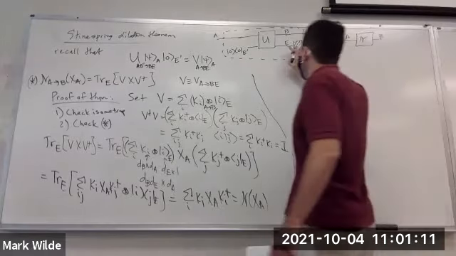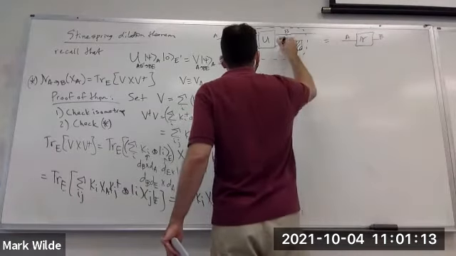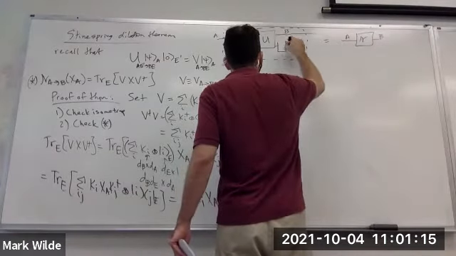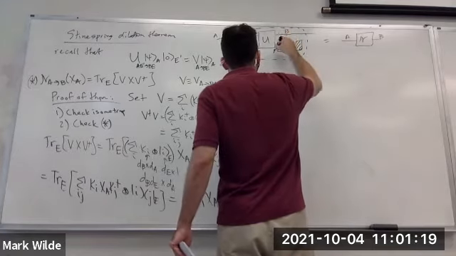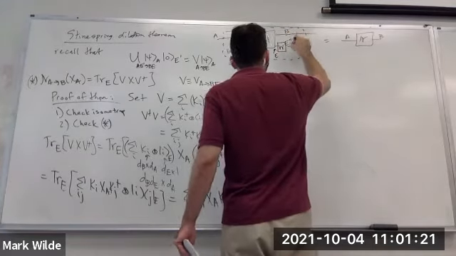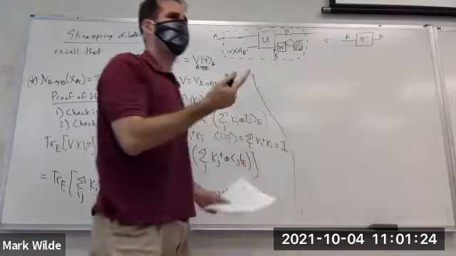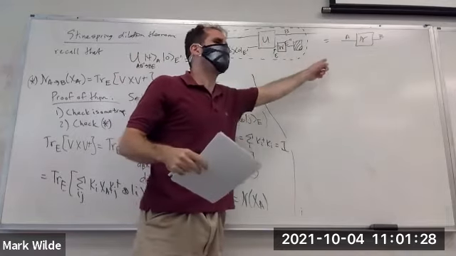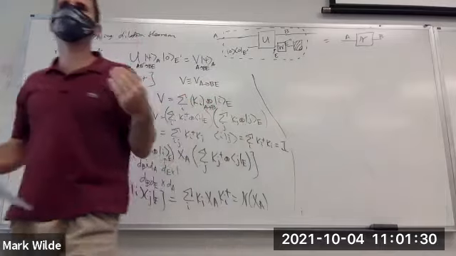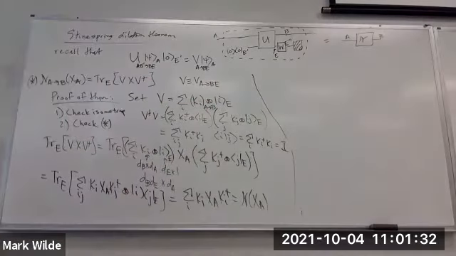If I were to sneak in an isometry here, called W, going from E to E double prime, and then do a trace, the statement will still hold. We talked about the cyclicity of partial trace. That's what we can apply here.